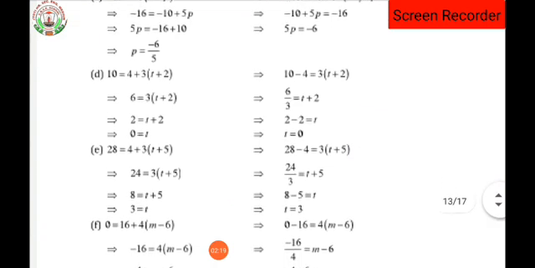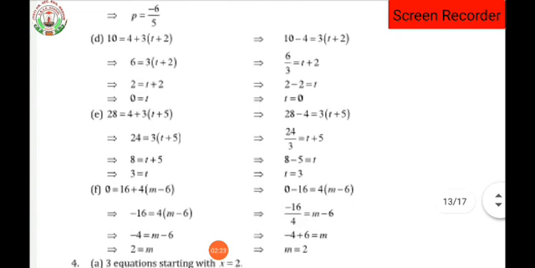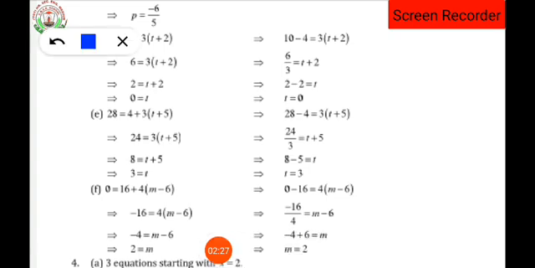In the same way, you have to solve the D part of the question. So here one by one you can see 10 is equals to 4 plus 3 r plus 2. So when 3 is going to multiply inside the bracket with the r and 2, it will become how much? So 10 minus 4 is equals to 3r plus 6.